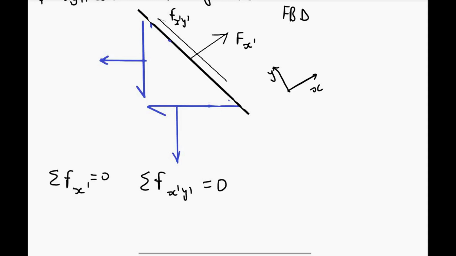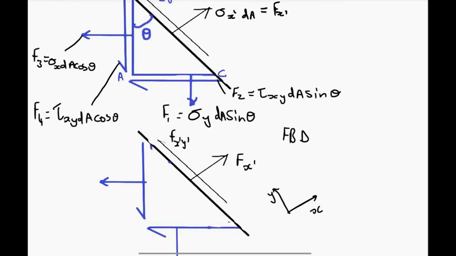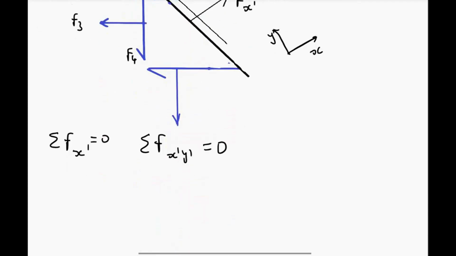So now the components. This will be F3, F4, this is F2, and this is F1. So the components along y prime and x prime.